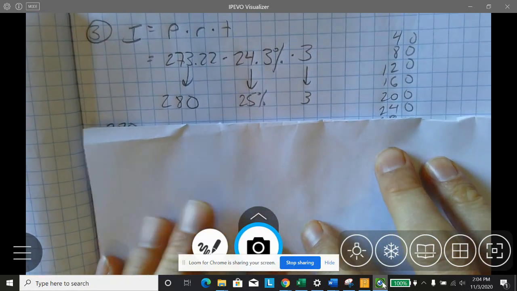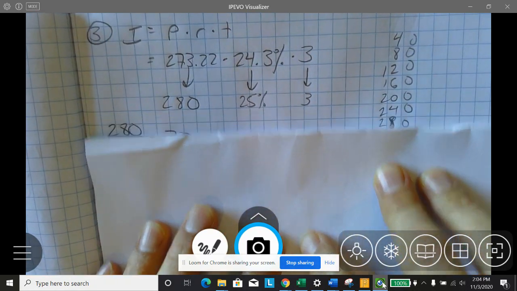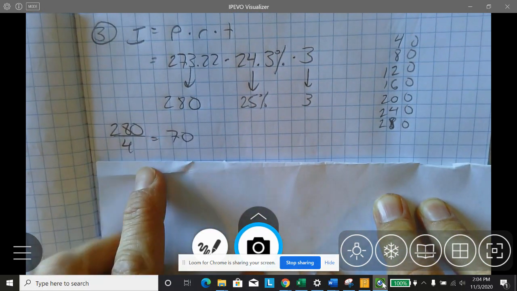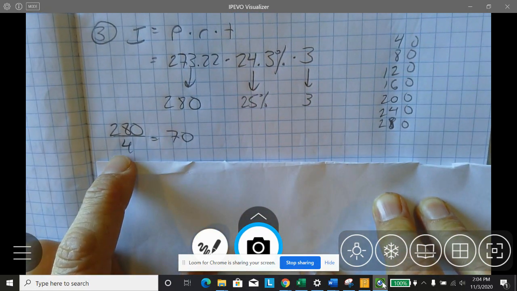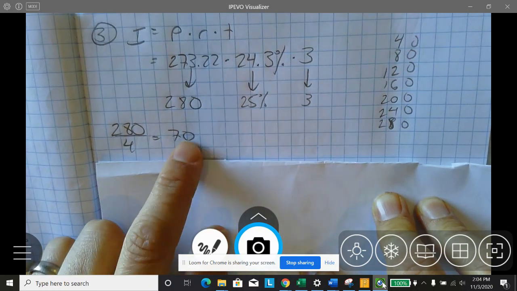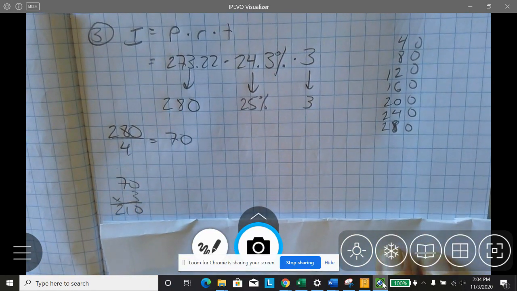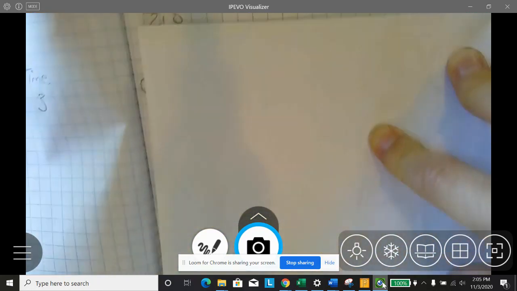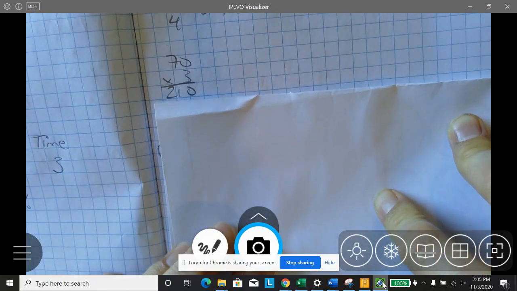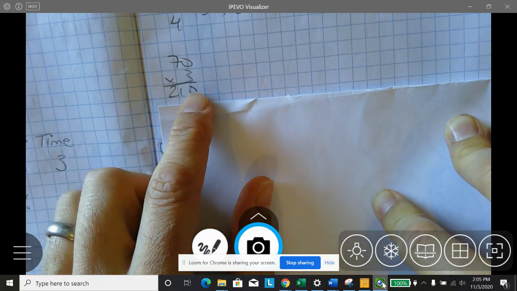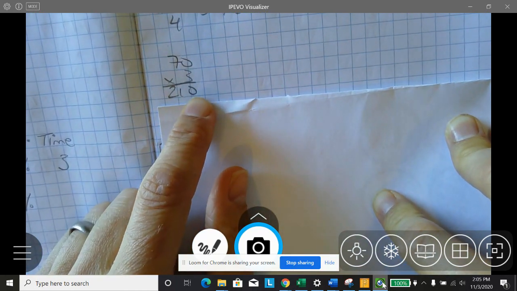So the first thing I want to do is find out what is 25% of 280. Well, 280 divided by 4 is 70, because 28 divided by 4 is 7 with a 0. So I owe $70 in interest that first month. But again, I'm not going to pay it back for 3 months. So they're going to charge me $70 every month. So 70 times 3, 3 times 0, 3 times 7, 21, $210.